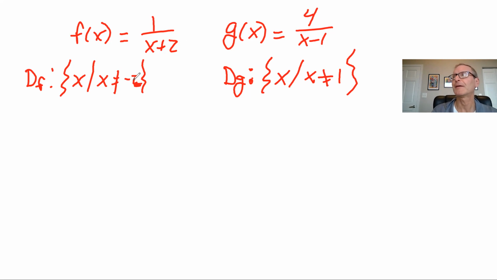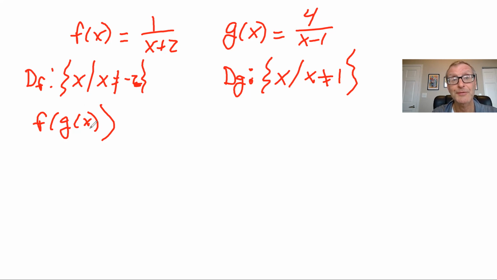But what if you do f of g of x? So when you do that calculation, we also have to think about the domain. So the first thing you got to think about is if you're going to plug a number in, right?